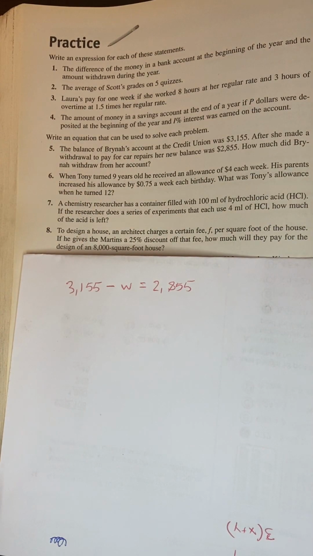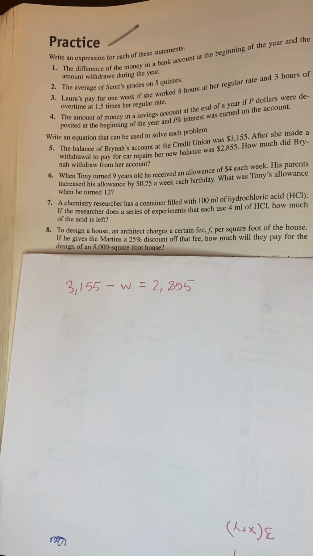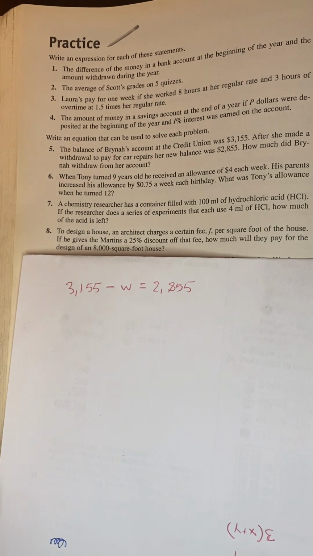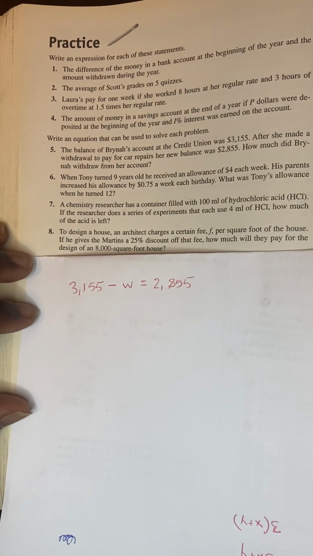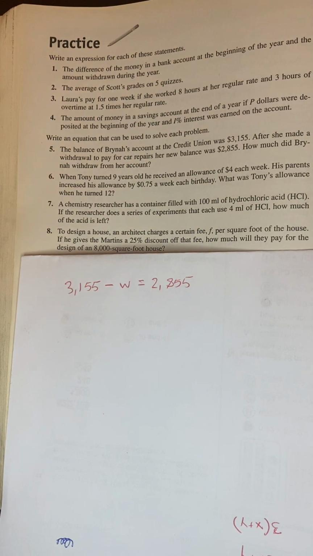A chemistry researcher has a container filled with 100 milliliters of hydrochloric acid. If the researcher does a series of experiments that each use 4 milliliters of hydrochloric acid, how much of the acid is left? So we know that initially you have in a container 100 milliliters of some substance, okay?